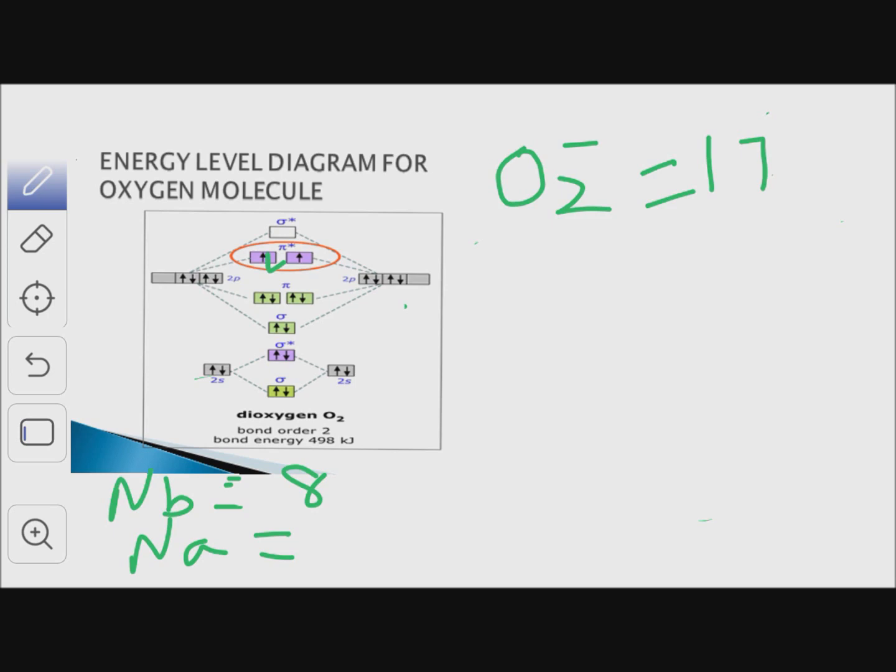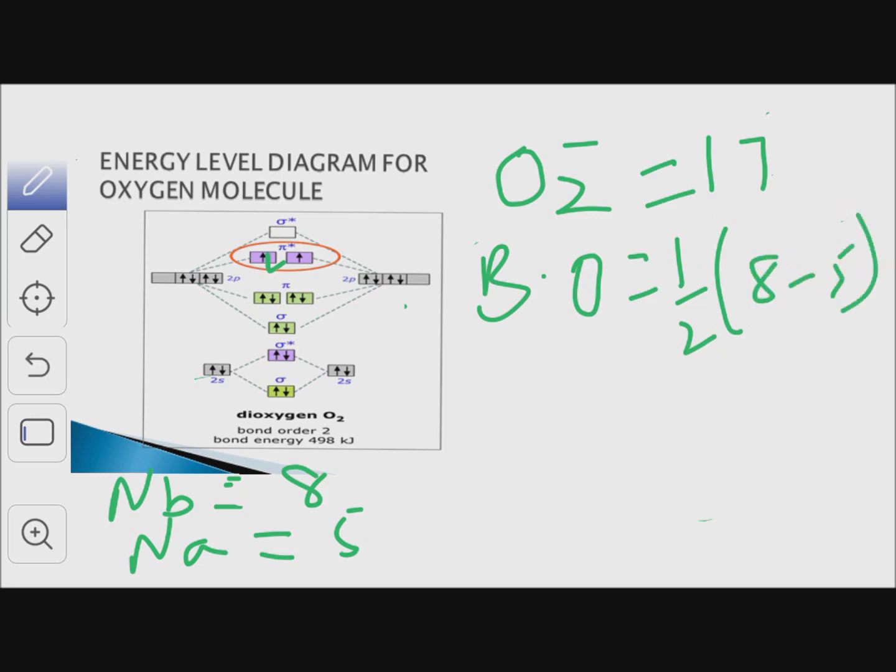Here it becomes 5. And the bond order for O2 negative is 1/2 times bonding electrons minus anti-bonding electrons, which comes out to be 3/2, which is equal to 1.5. This is 1.5 in the case of O2 negative.